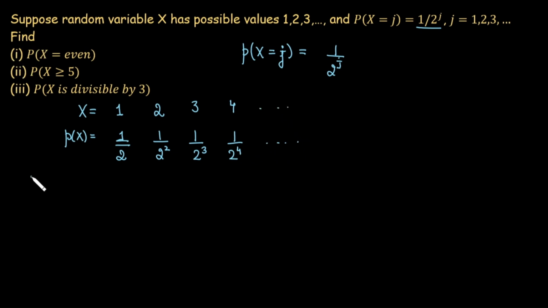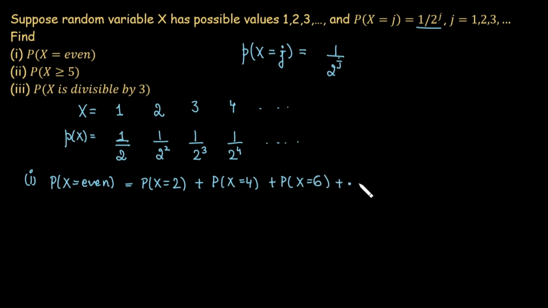The first part is what is the probability when x is even. It means probability when x is equal to 2 plus probability when x is equal to 4 plus probability when x is equal to 6 and so on.